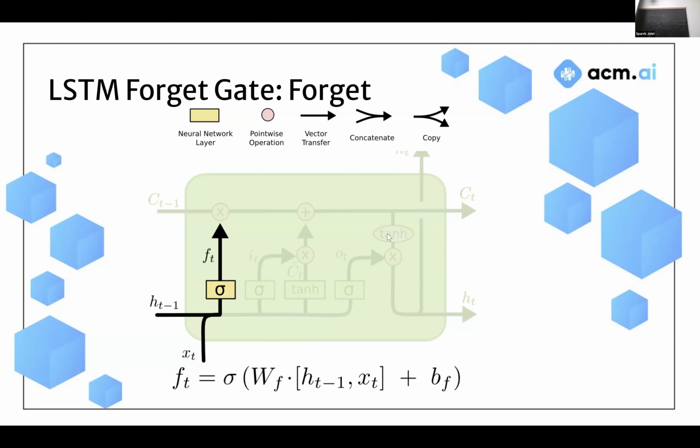That's what this signifies. And then you put in your sigmoid function so that the values are between 0 and 1. Then this new value serves as a filter. If it's 0, you're going to filter out everything. You're going to forget everything from the previous state, from your cell state. And if it's 1, you're going to remember everything. So that's why we have this sigmoid activation function right here. Does anyone have any questions on this?